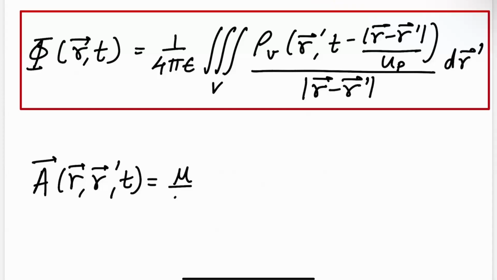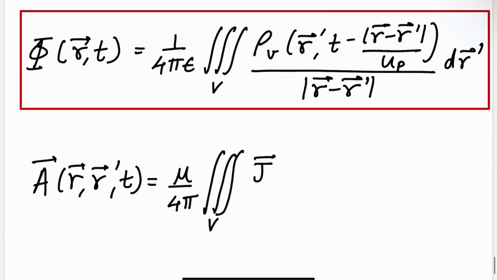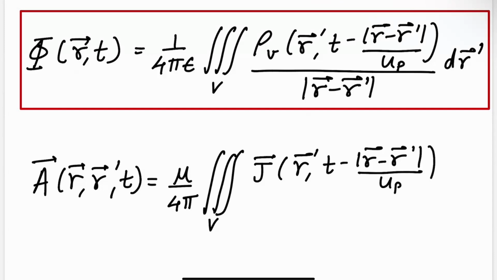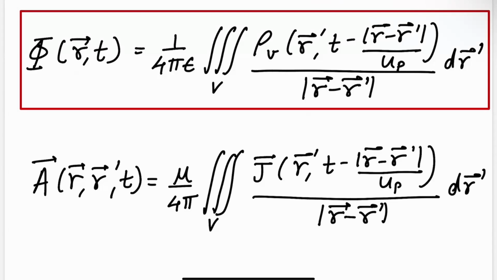That comes out to be mu over 4 pi times the integral of the current density J of R prime and t minus the modulus of R minus R prime over up, divided by the modulus of R minus R prime, dr prime.